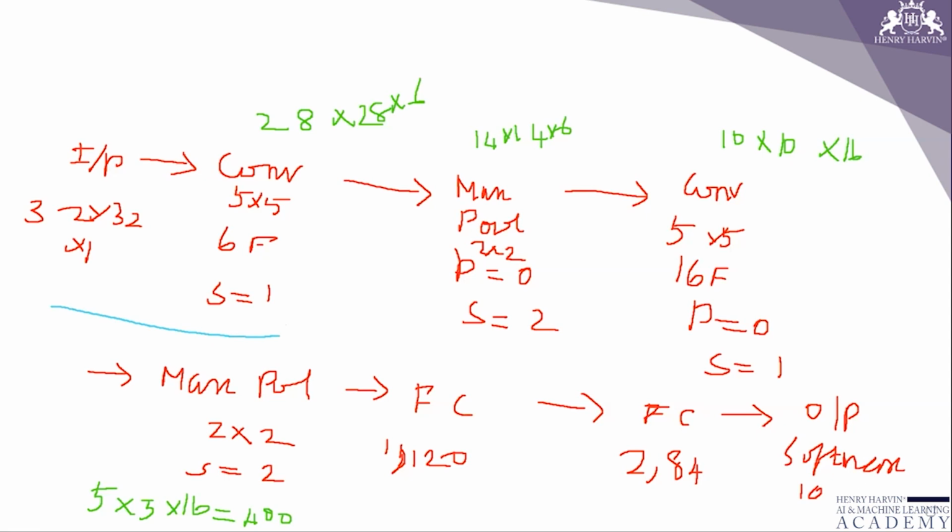This is what we are going to see now. What we had as input is 32 into 32 into 1, and we have used convolution of 5 cross 5. How many filters were used? 6 filters were used, and stride is 1.